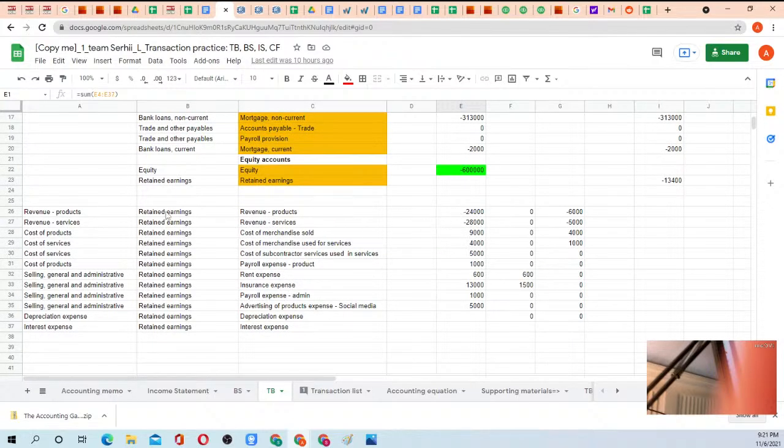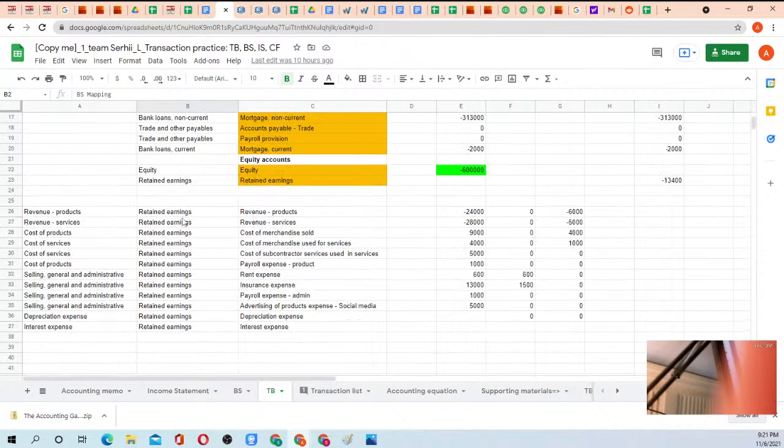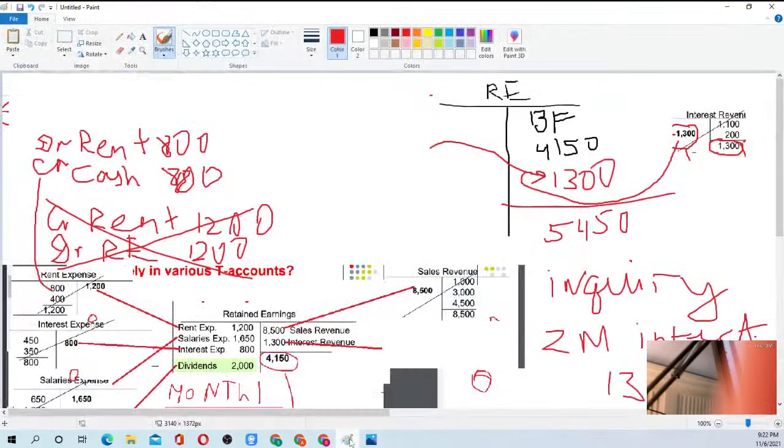But if you see in the balance sheet mapping, we map all the income statement accounts to retained earnings. So basically that's where we are doing the closure of the T accounts. So that's why we do not do that entry separately. It kind of closes automatically.